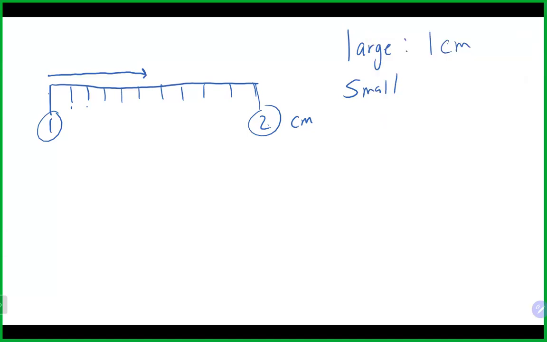When you're counting the small markings, you actually start past the last large marking. So we would start counting here as 1, 2, 3, 4, 5, 6, 7, 8, 9, and you end on the next large marking. So that would be 10 markings between the two large markings.